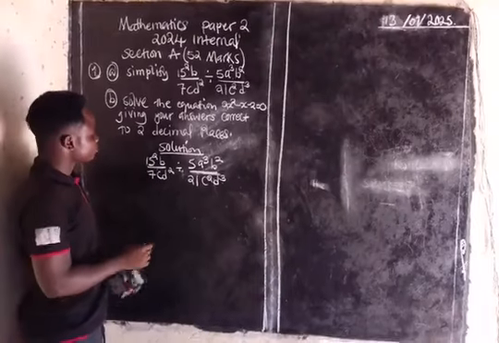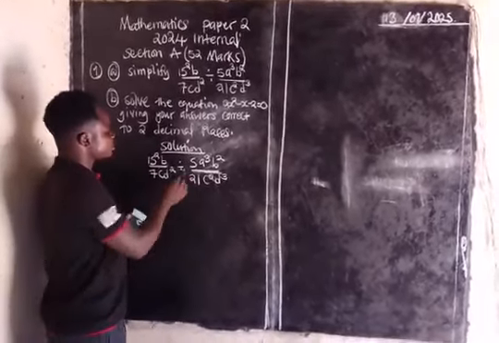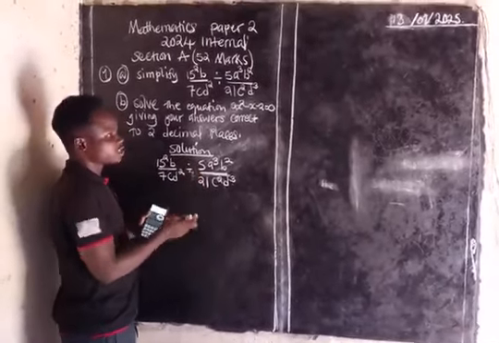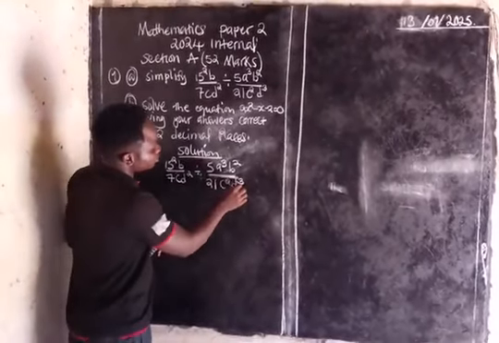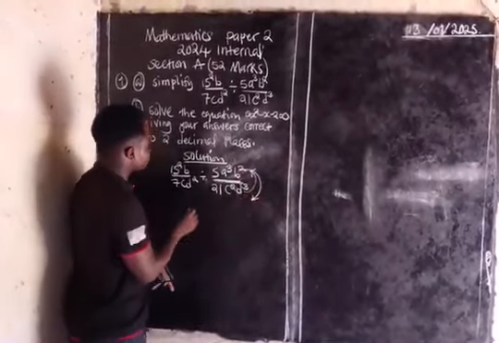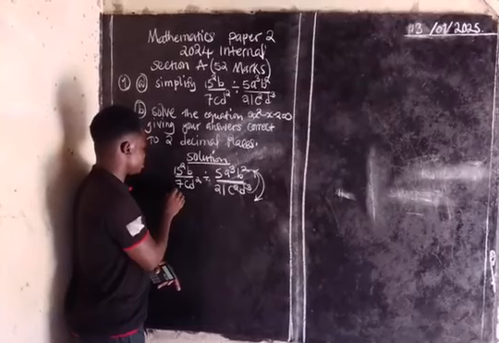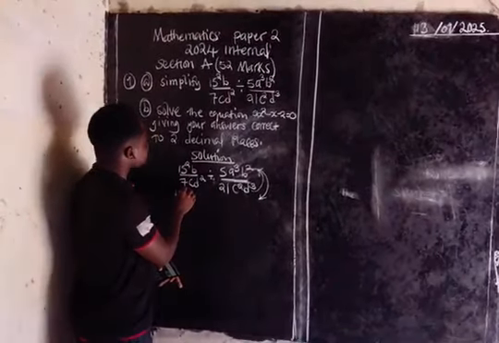In order to simplify this very well, we need to follow the steps. We know that division turns into what? Into multiplication, meaning the one which is down here comes on top, and the one which is on top comes down. Here nothing will change, so we say 15.